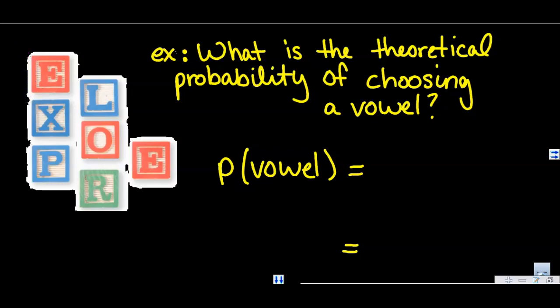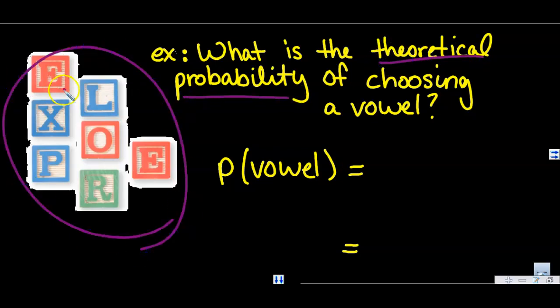We want to know what's the theoretical probability of choosing a vowel from the selected set. We have E, O, and here's another E. So again, the probability is the total number of favorable over the total number possible.